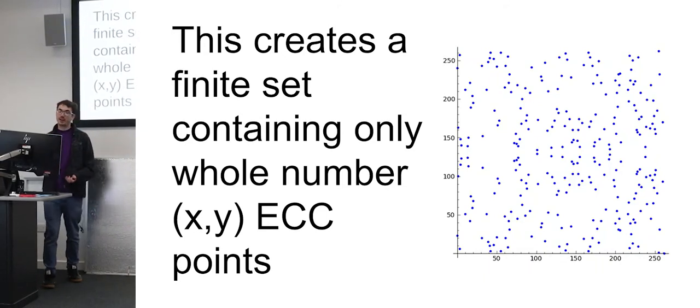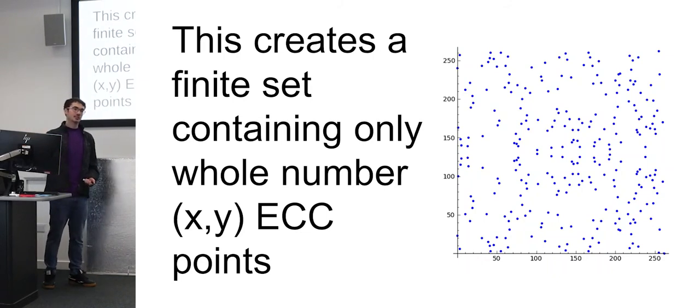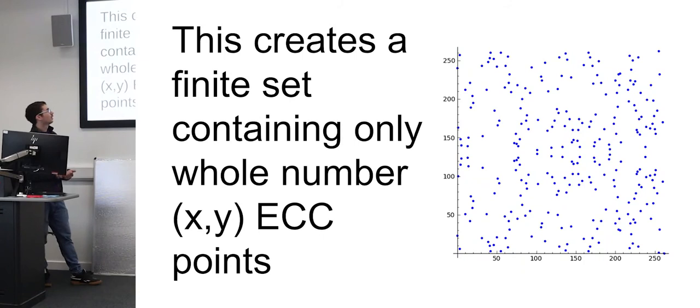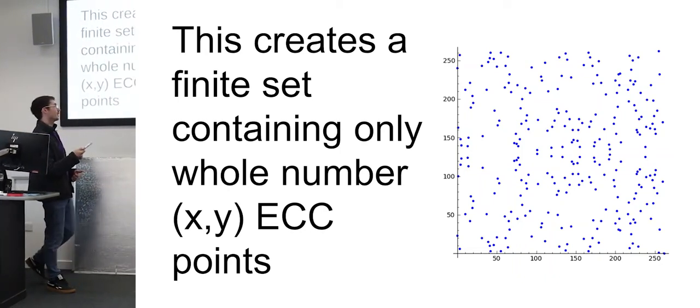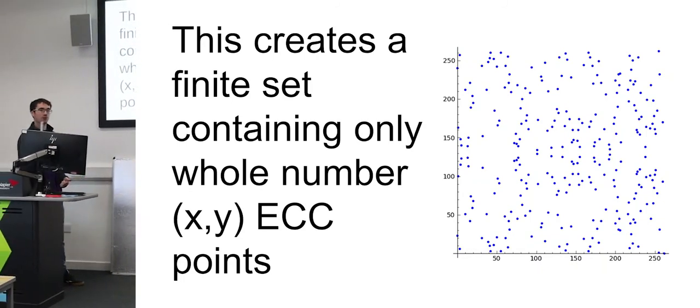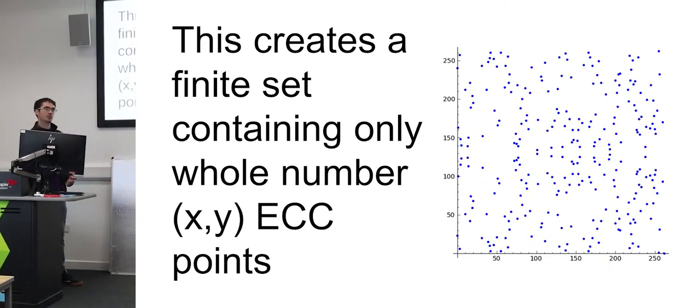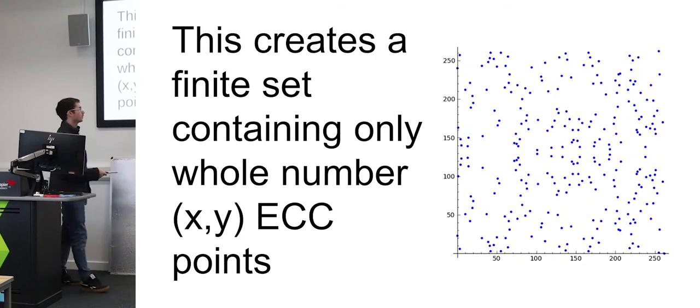They don't exist. So then we get this nice finite set of whole-numbered x, y coordinates. And those are just new elements to our set that are now finite, and we can start thinking about how we might convert that set into a group so we can do cryptographic protocols.